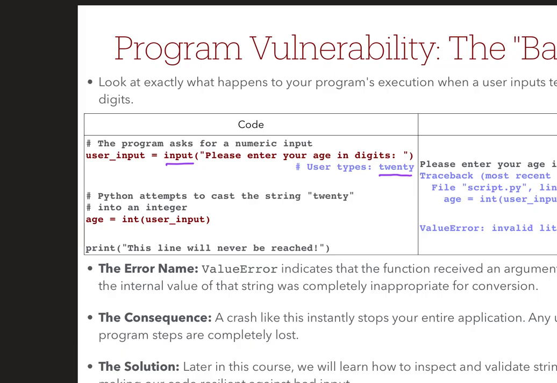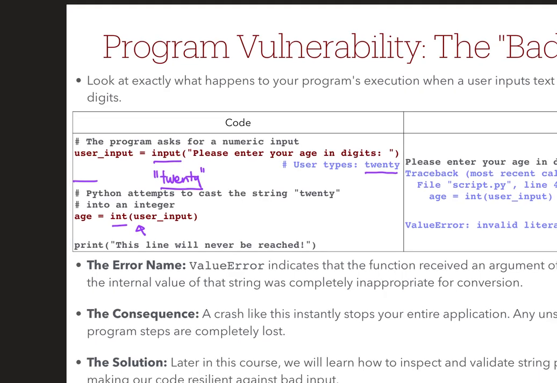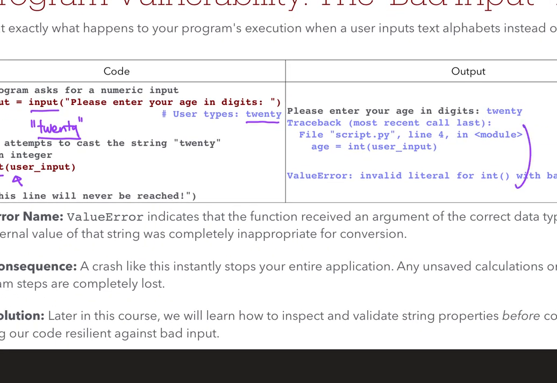So the user input now has a character string. So line 2, this line, is fine. Okay? The problem occurs when you call this int function with that character string. So at this point, when this is given as a value for the int function, Python will complain with these error messages.